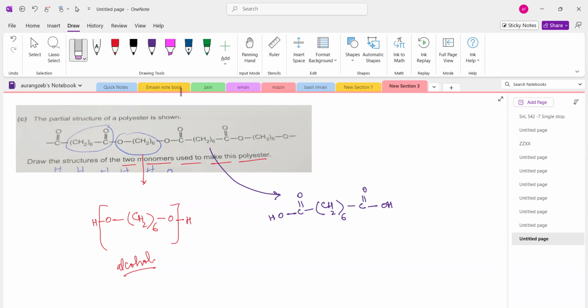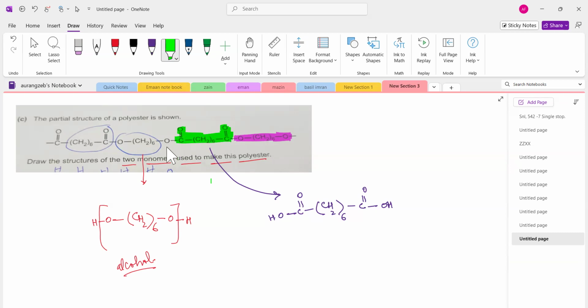This portion is coming from alcohol, because you can see oxygen directly bonded with carbons. Okay. Here, this portion came from carboxylic acid because you can see C double bond O directly bonded with the carbon atoms.